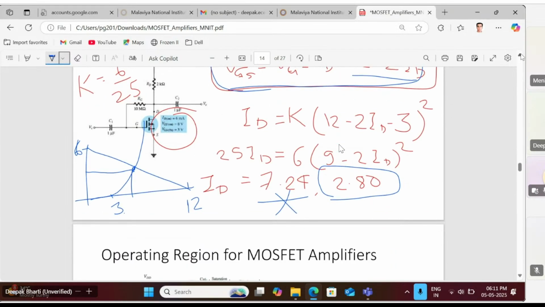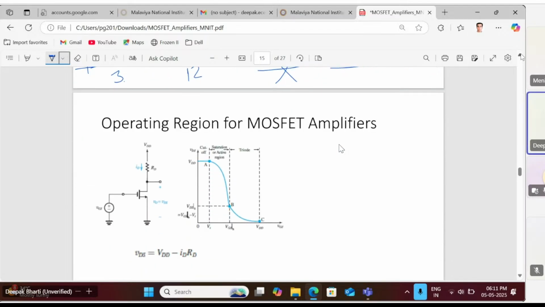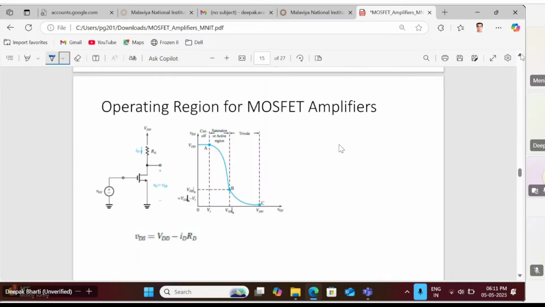Okay. So in the previous half, we have discussed the biasing in the MOSFET configuration. We have seen different configurations like voltage divider, fixed bias, self bias, common gate, and we have taken separate cases for enhancement as well as depletion MOSFET.